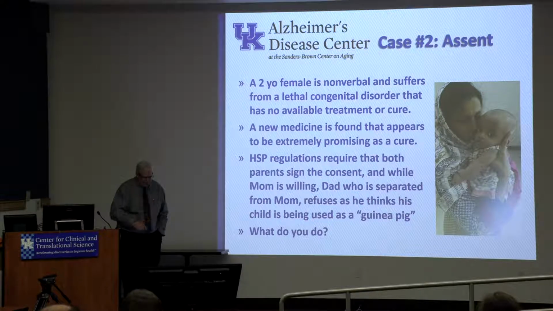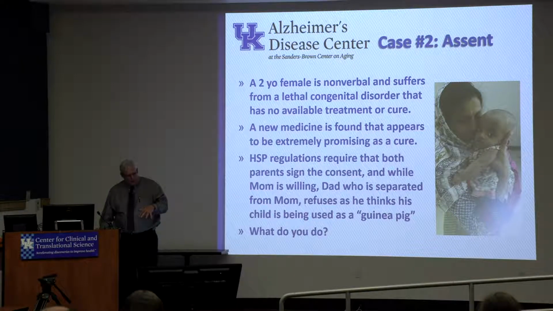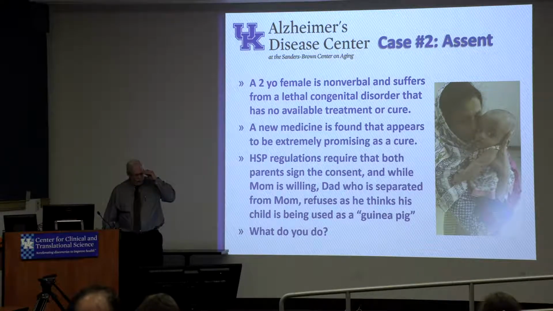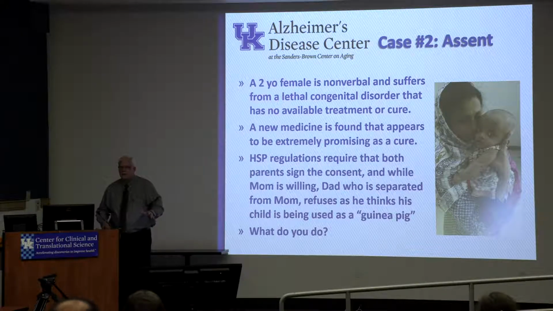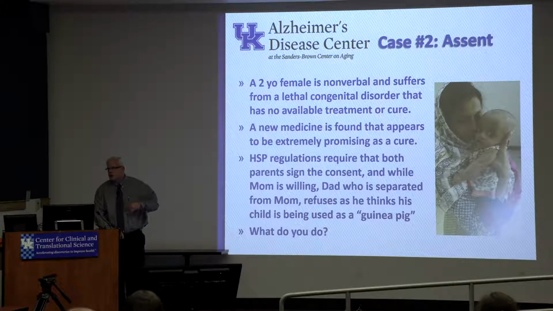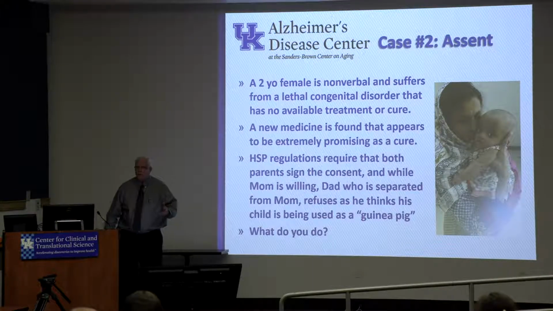So this is case number 2. 2-year-old female, nonverbal, suffers from a lethal congenital disorder that has no available treatment or cure. So there's nothing that we can do for this child. She's in developmental regression. We know that she's going to pass away in the next few years from this neuronal storage disease. There's a scientific breakthrough. A new medicine is found that appears to be extremely promising as a cure.